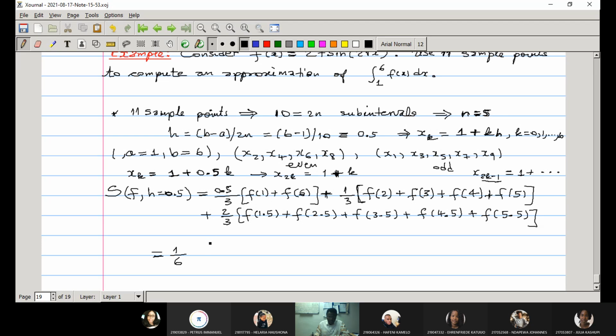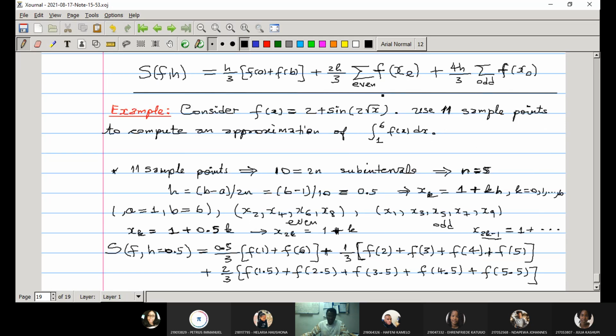Now this sum, we have 2 plus 2 plus 10, this will be 4 plus, now we will use sine of square root of 1, which is 1, right? Plus sine of square root of 6.